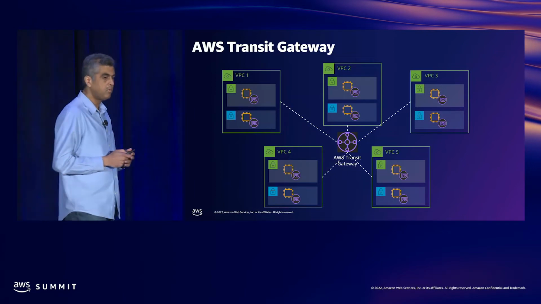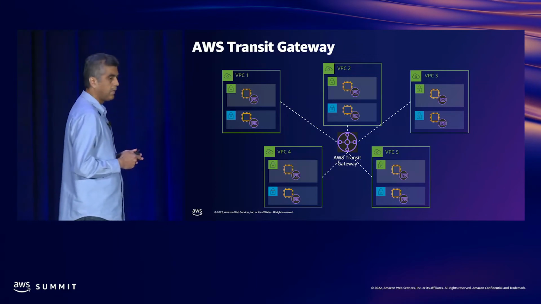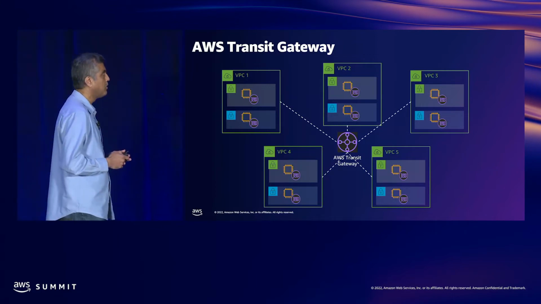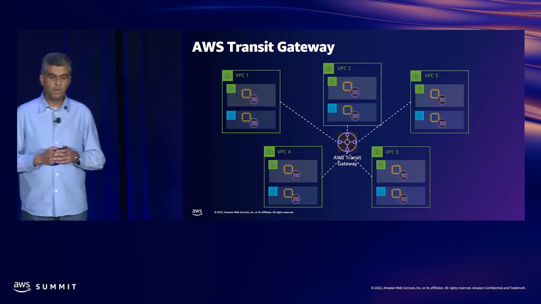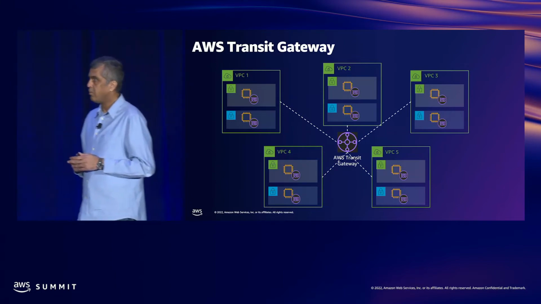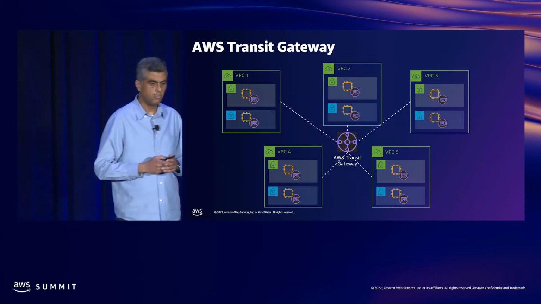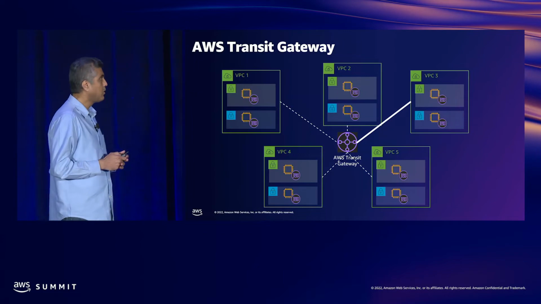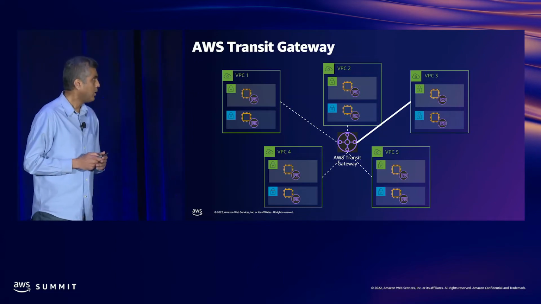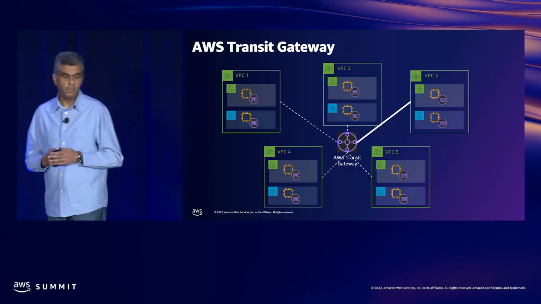Attachments create elastic network interfaces within the subnets of the target VPCs so that the transit gateway is able to communicate with those VPCs. You create the attachment to the VPC in question and associate that attachment to the transit gateway.